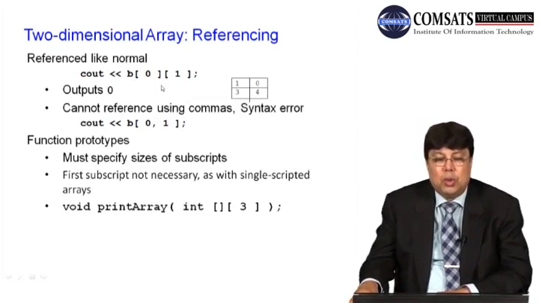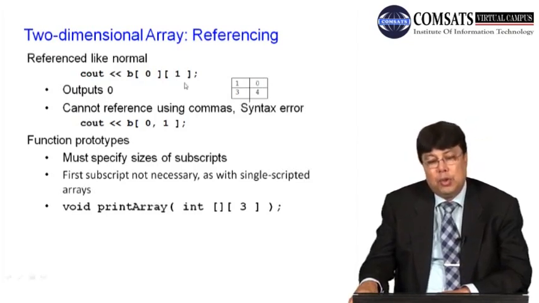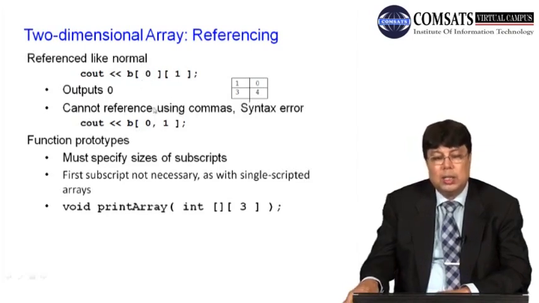But we need to put these two square brackets in pairs. Each pair represents one subscript or one dimension of the array, and two pairs make a two-dimension array. If you put a comma here, it will generate a syntax error. So you are bound to use it like this; you cannot use it like this.